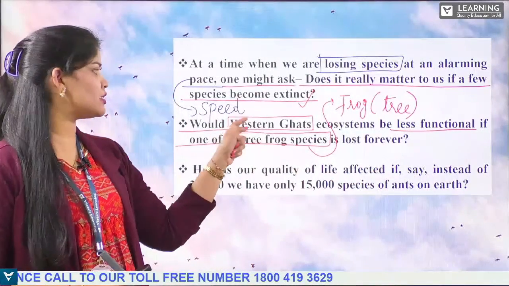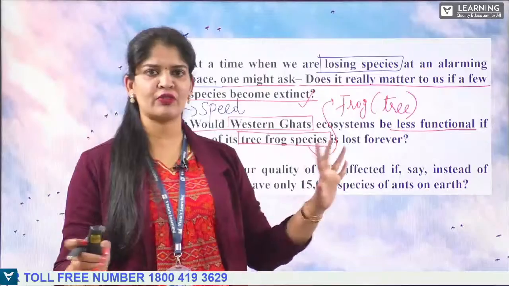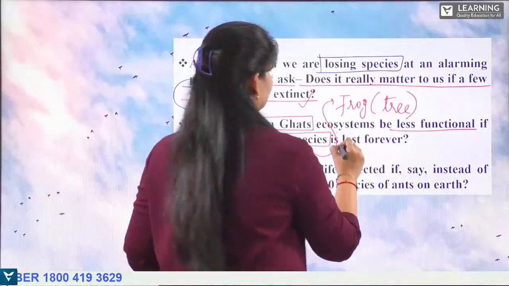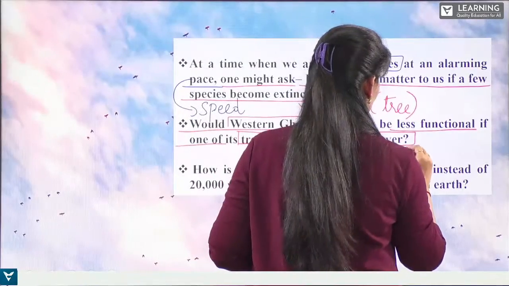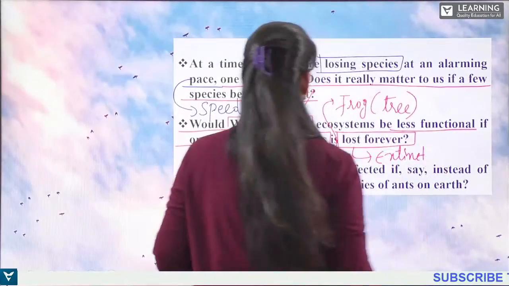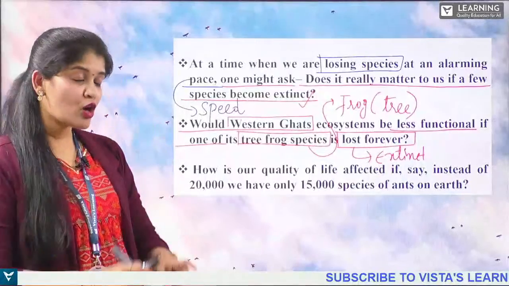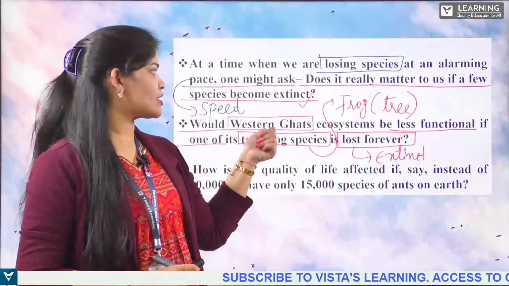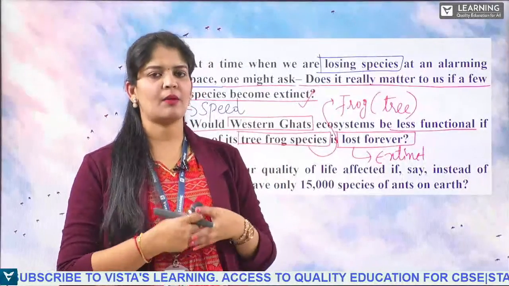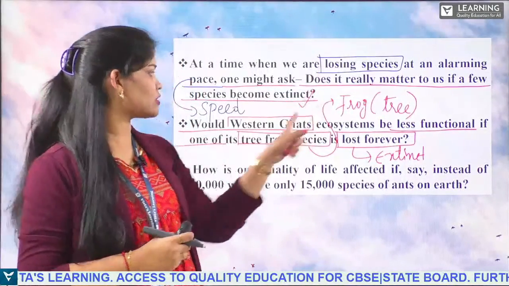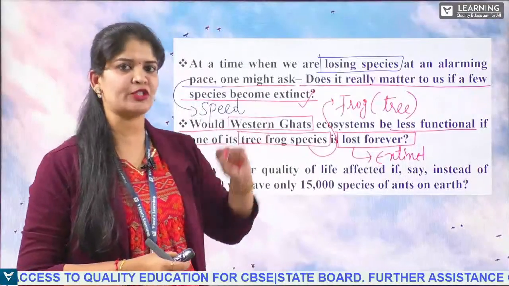If one tree frog species is lost forever, that is, extinct, then in what way is this Western Ghats ecosystem going to suffer from the loss of this single tree frog species?